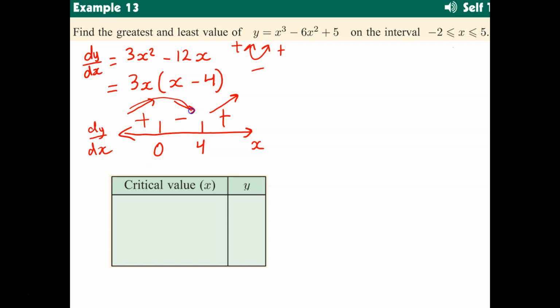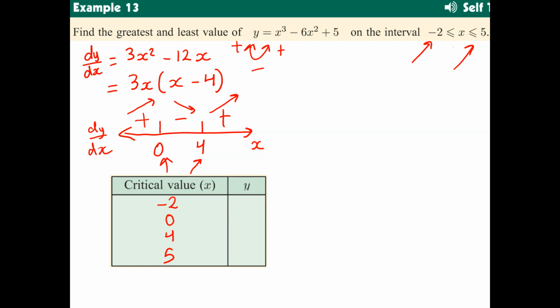Well, it's going up and down. That would be a local maximum. This one over here, the 4, local minimum. So we now have to consider the critical values. Our starting point is -2. Then we have this special value 0. Then we have this other special value 4. And then we also have to put the endpoint of 5 there.